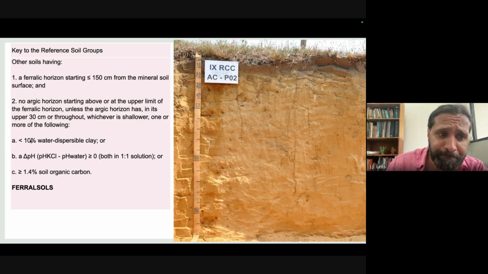Okay, so at least one of these three properties, these three characteristics, must be identified in this Arctic horizon if we register an Arctic horizon above the Ferralic horizon. But of course, in both cases, we must register a Ferralic horizon with or without an Arctic horizon. We must identify a horizon that concentrates iron oxides and aluminum oxides because of intense chemical weathering and leaching. Okay.